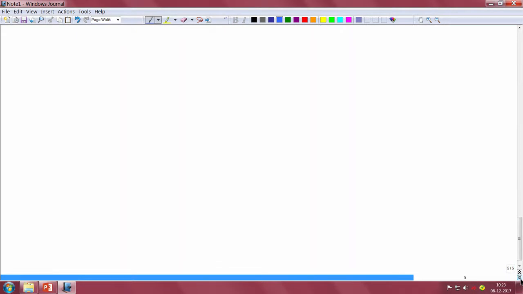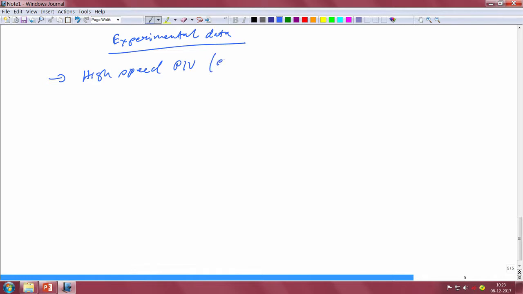When you are talking about experimental data, and this is of course not an experimental measurements technique course, these days we have high speed particle image velocimetry. These are the different types of measurements that can help you.